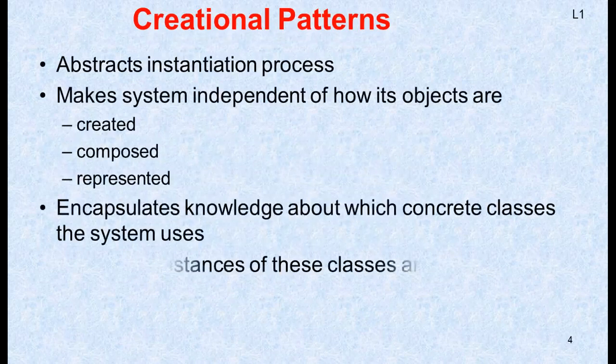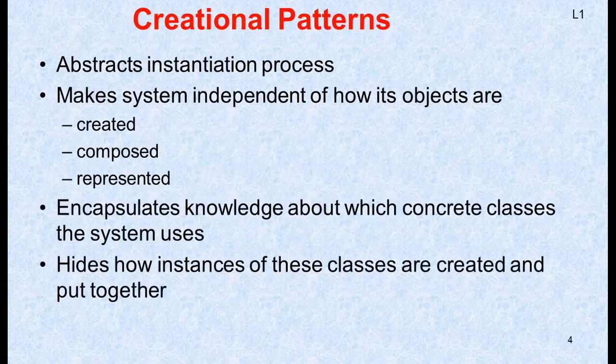Creational design patterns abstract the instantiation process. They help to make a system independent of how its objects are created, composed, and represented. A class creational pattern uses inheritance to vary the classes that are instantiated, whereas an object creational pattern will delegate instantiation to another object.